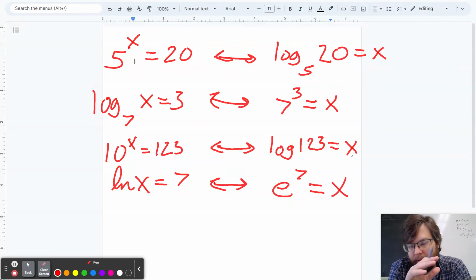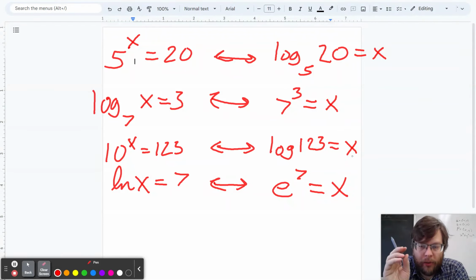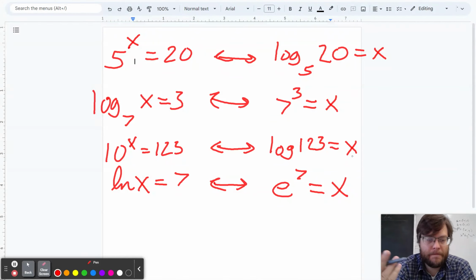So every exponential equation is a logarithmic equation, and every logarithmic equation is an exponential equation. When we write down the word log, we're just communicating that we switched around who is on top of the base. It used to be an exponential base raised to the power, and in logarithm, it's the opposite of that.